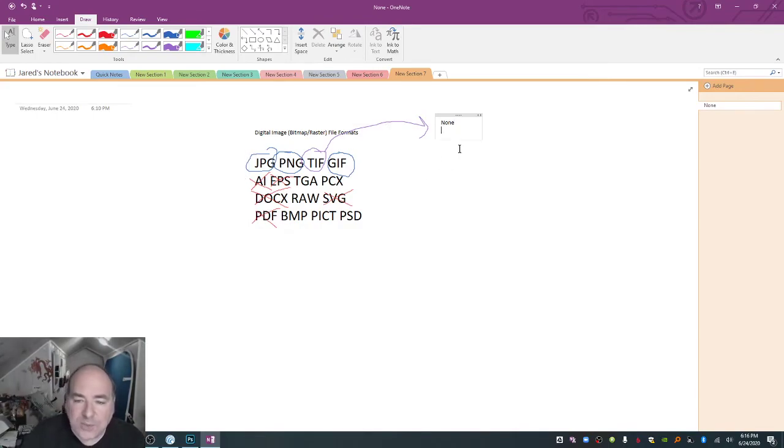The next one, of course, that we have is lossless compression. For lossless compression, we're going to use the GIF file. Now, GIF stands for graphics interlace format. And people are going to go, if it's graphics, then shouldn't it be GIF? Well, I'm a little old school, and I will be honest with you.